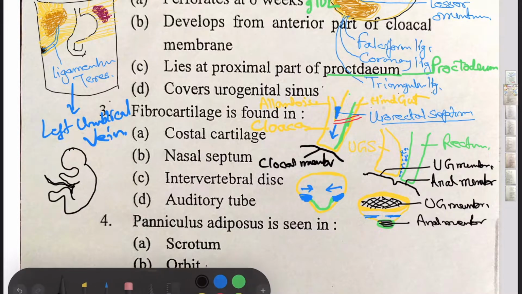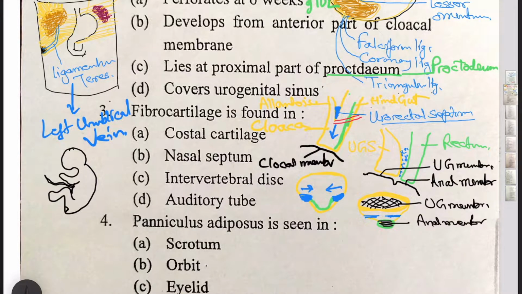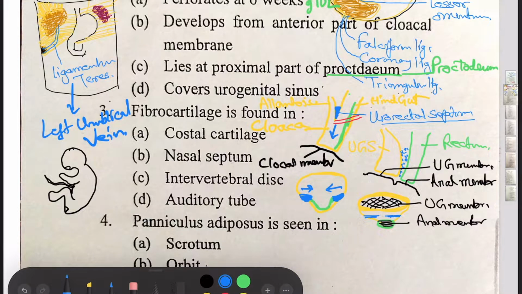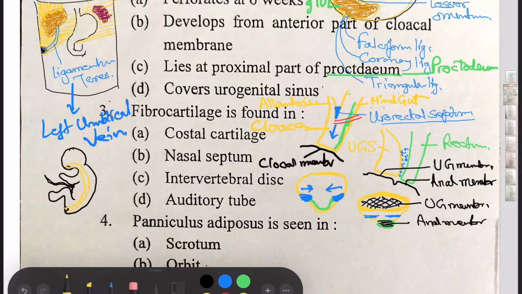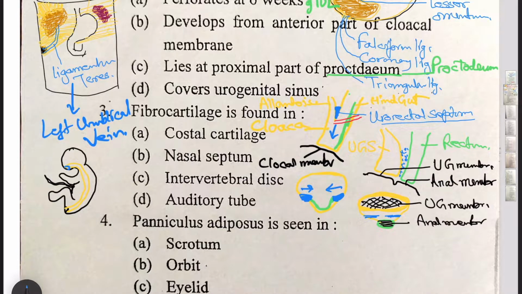So remember, at this anal opening there is a depression created here, and of course a depression created here, and in between is this GIT that develops like this. It is endodermal, right? So the depression created at the cranial end is called the stomatodeum.